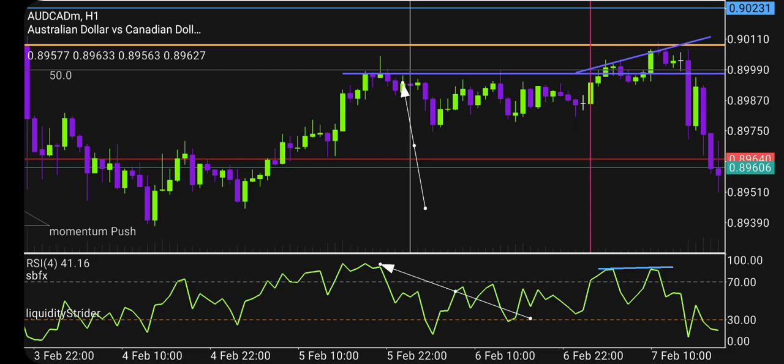What works on the 1 hour time frame is my power of three: accumulation, manipulation, and distribution. You remember that, guys? But now I'm viewing it with the concept of liquidity sweep. As you can see here, there's accumulation of liquidity over here.